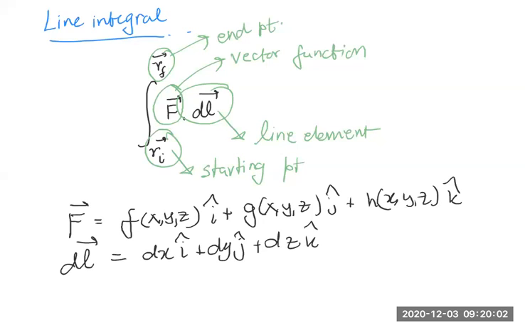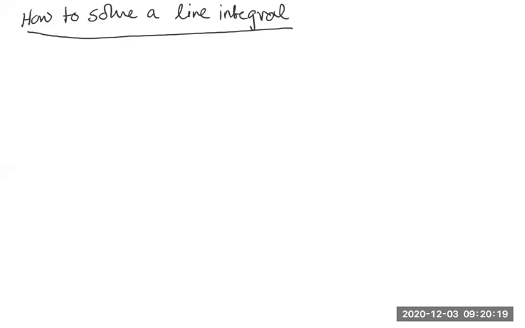Okay, so let's start with this. How to solve a line integral. So the way to solve this line integral is first we must know what is required. So what do I mean by this? Let's say that we are talking about normal integration. Right?